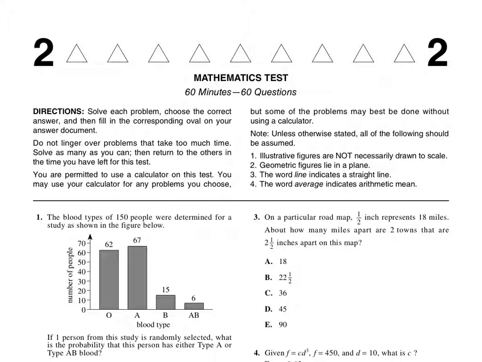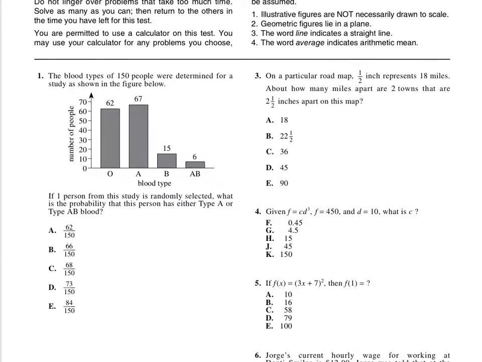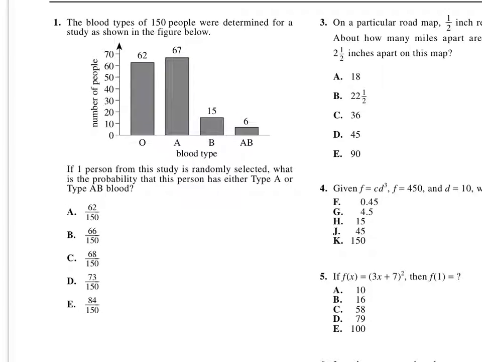So question 1. The blood types of 150 people were determined for a study as shown in the figure below. If one person from this study is randomly selected, what is the probability that this person has either type A or type AB blood?